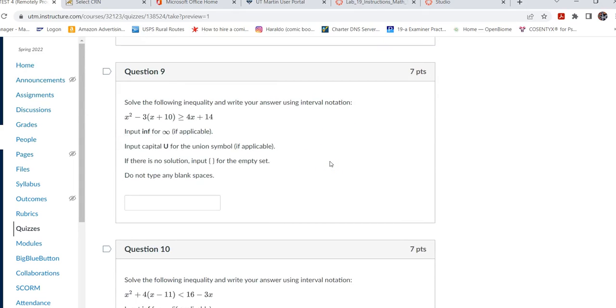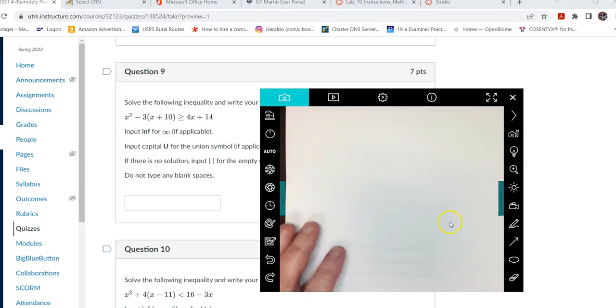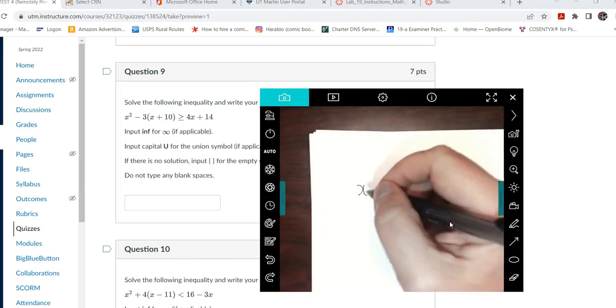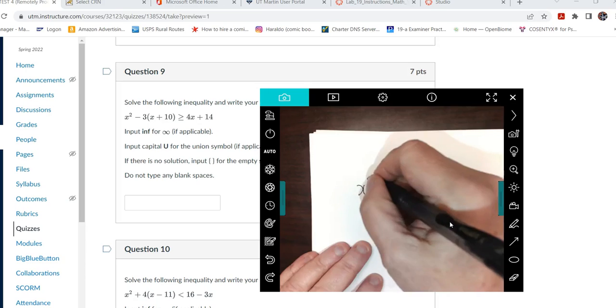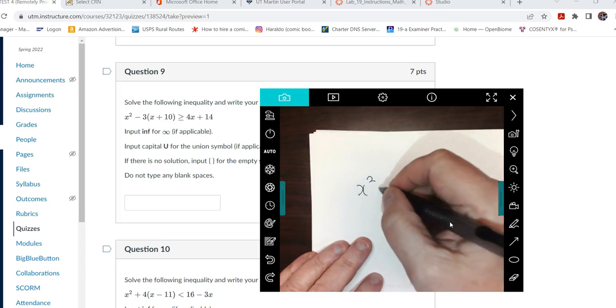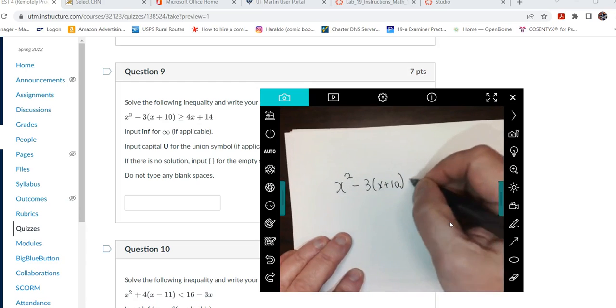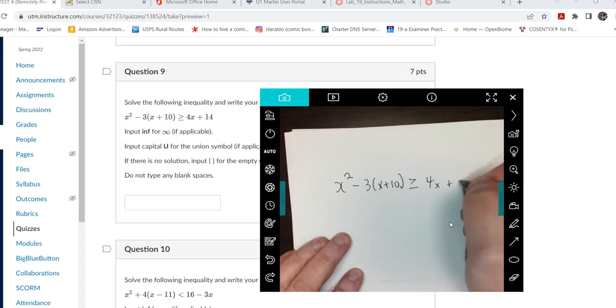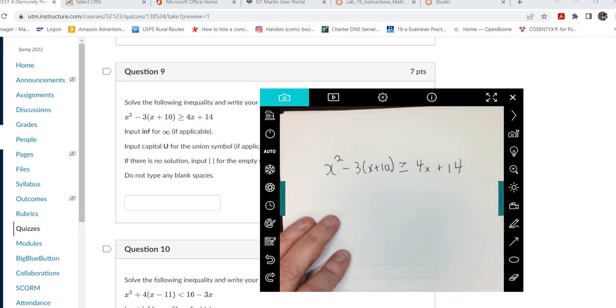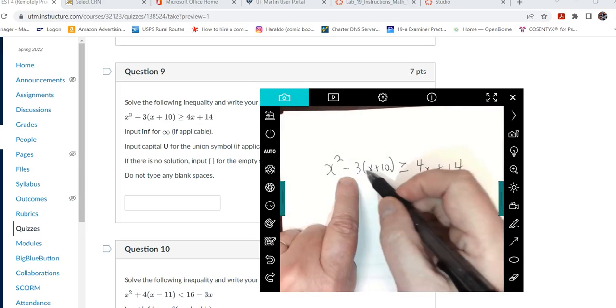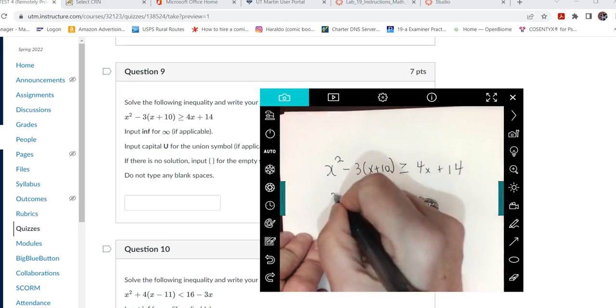Okay, now we need to solve that inequality and write the answer using interval notation. Okay, so let's get this back on. Okay. I need to distribute the -3 through.